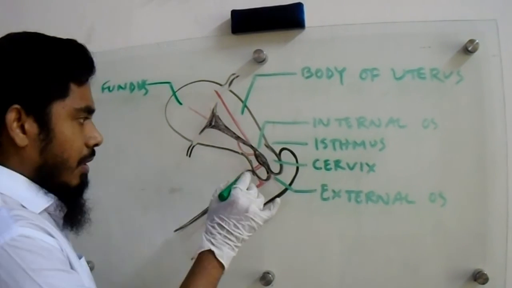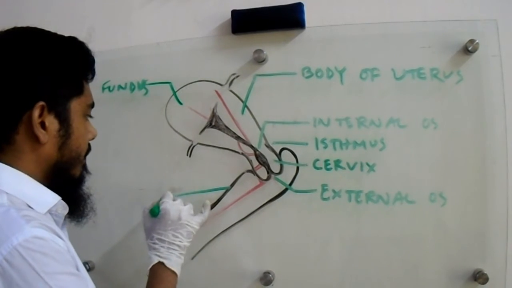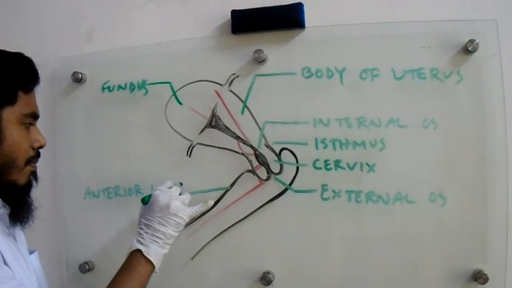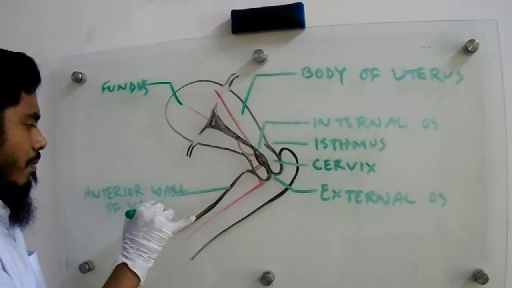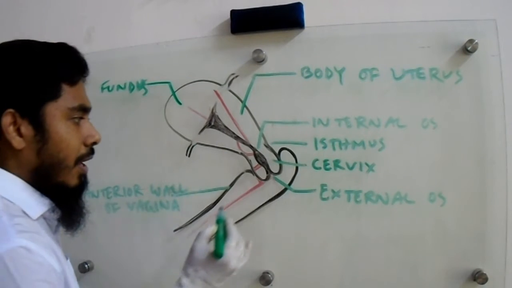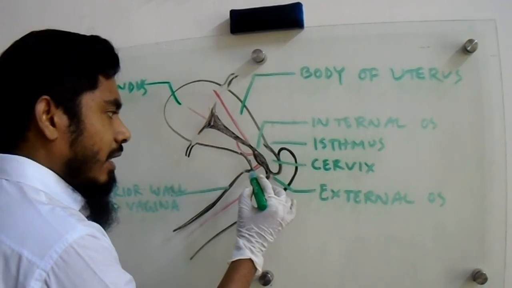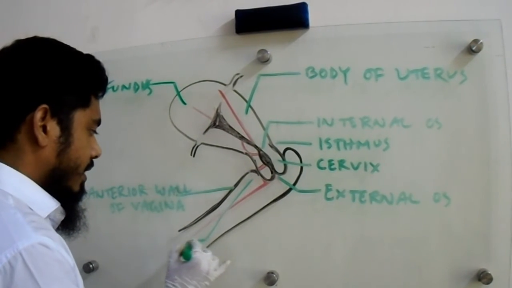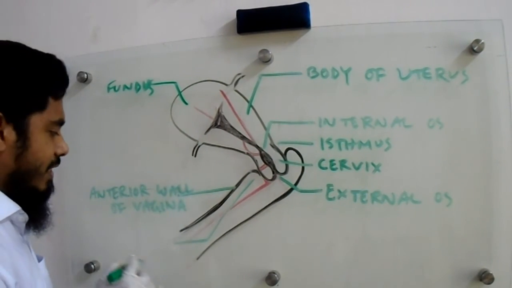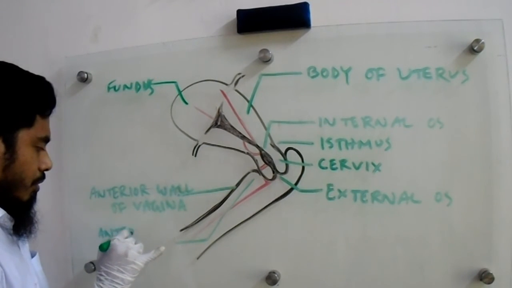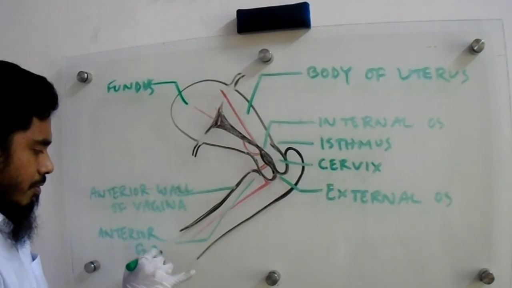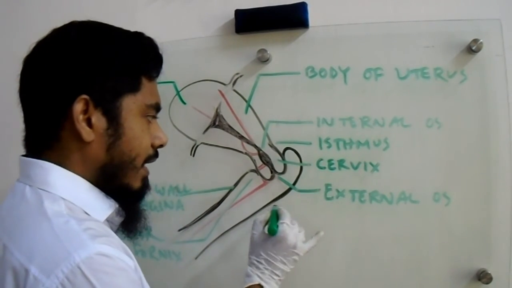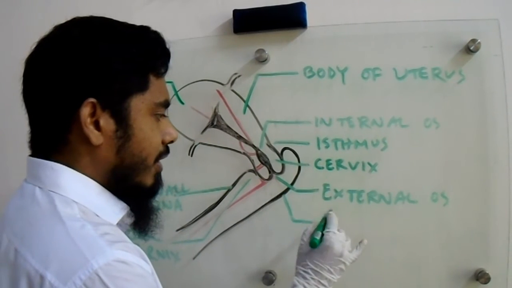Okay. This one is the anterior wall of the vagina. But area in between the anterior wall and the vaginal part of the cervix, here this area, it is known as the anterior fornix of the vagina. Similarly, this line is the posterior wall of the vagina.